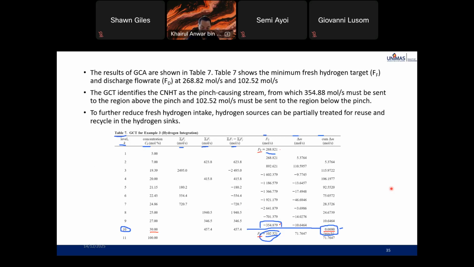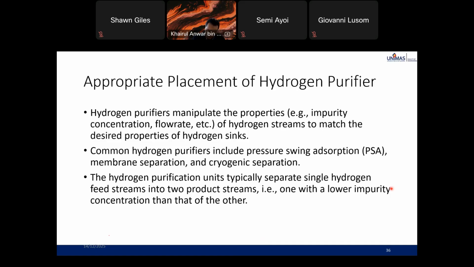So hydrogen. In order to reuse again, gas, or to further reduce the fresh oxygen intake, it can also treat it with a hydrogen purifier to increase the purity of the hydrogen from the source.